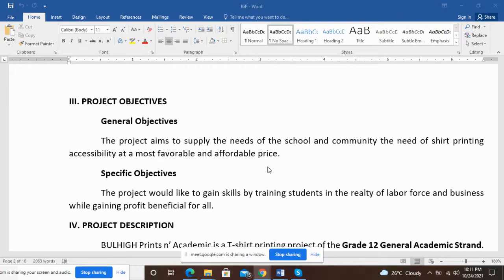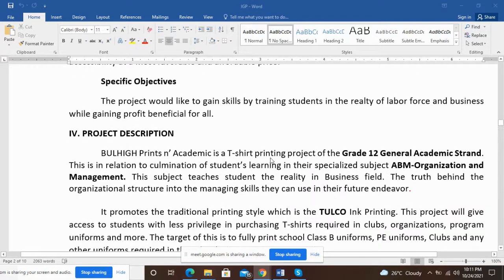And the next will be specific, so you can see my example. We'll be gaining skills with training, seeing the reality of the labor force, and gaining profit. So those are the specific objectives that I have. And actually this IGP is approved by the superintendent already, so I hope I could help you with this.